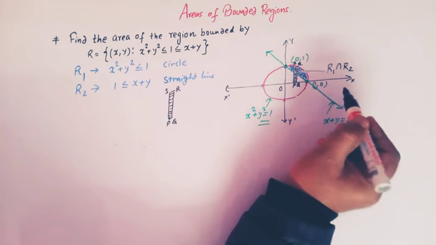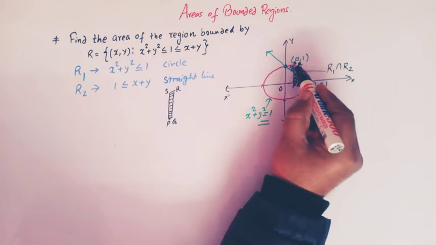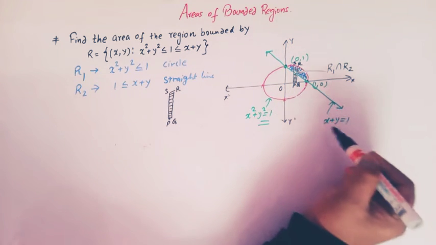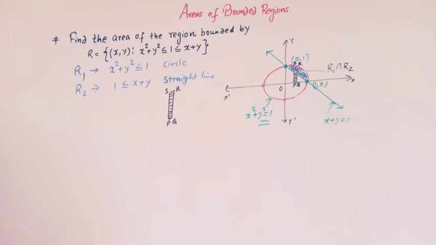And between the x-axis and the boundary of the circle, it intersects the straight line x plus y is equal to 1, right?